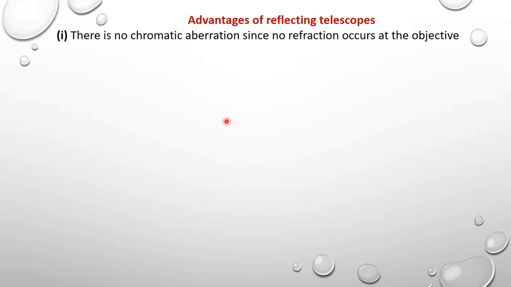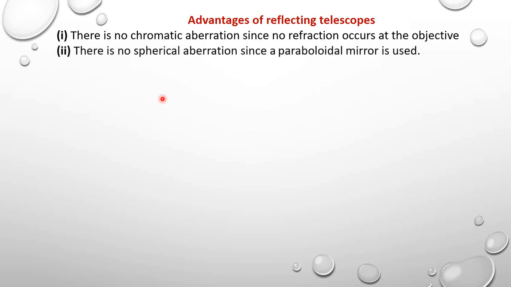And then also there is no spherical aberration, especially when we have used a parabolic mirror instead of the concave mirror. Since usually a parabolic mirror is used, there is no spherical aberration.